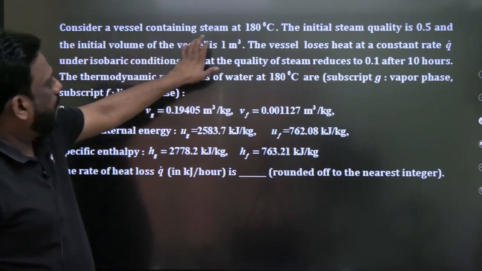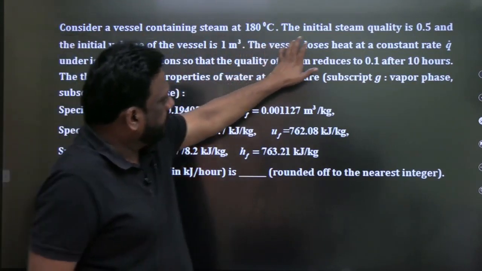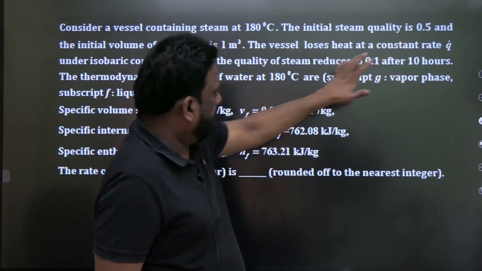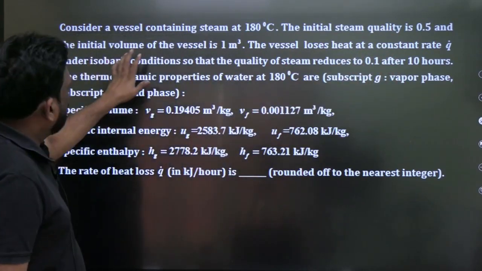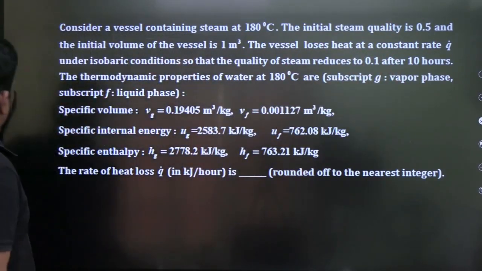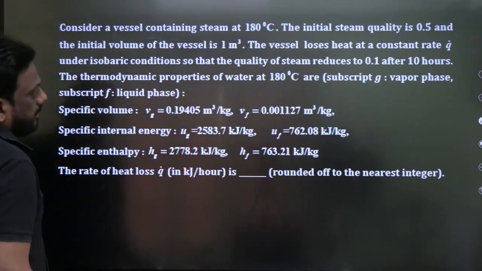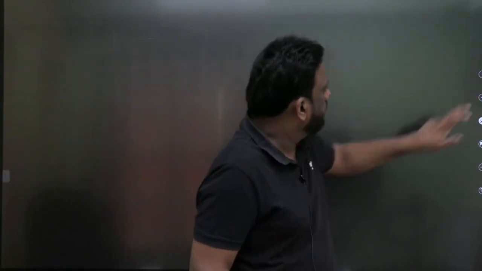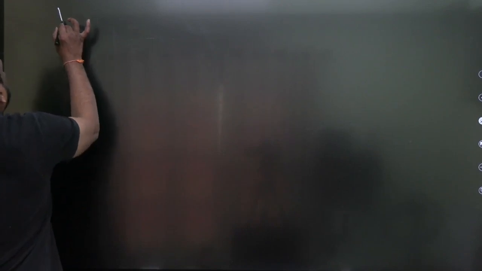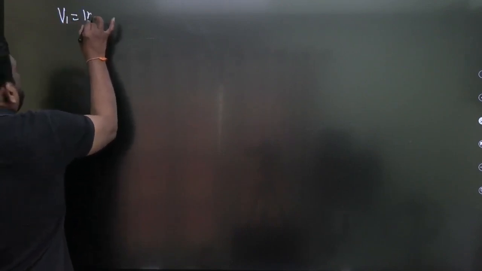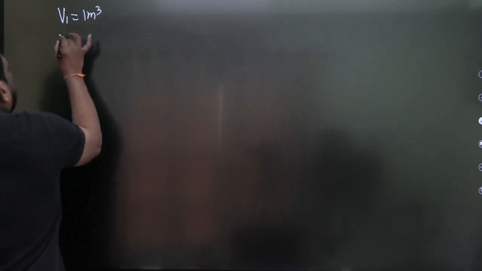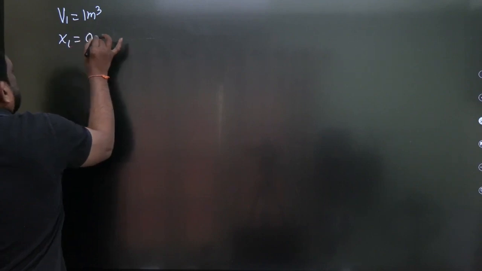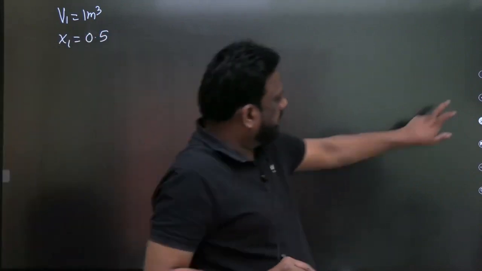Consider a vessel of steam at 180 degrees. The initial steam quality is 0.5 and the initial volume is 1 meter cube. The initial dryness fraction is given as 0.5. Any other data given?